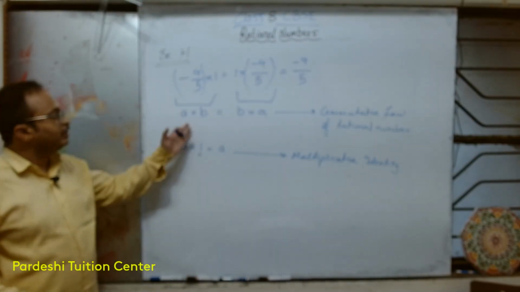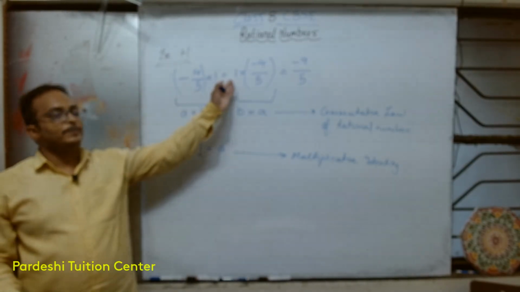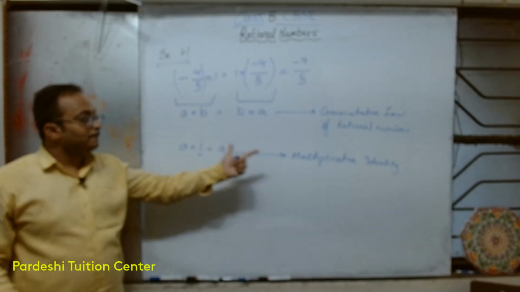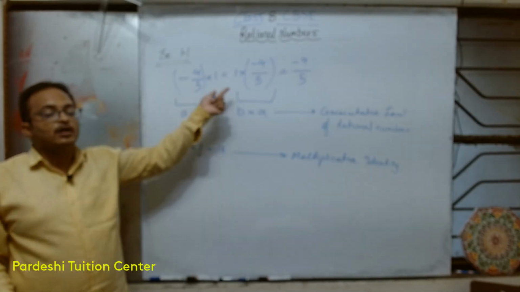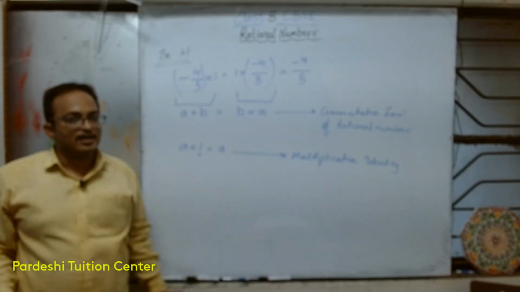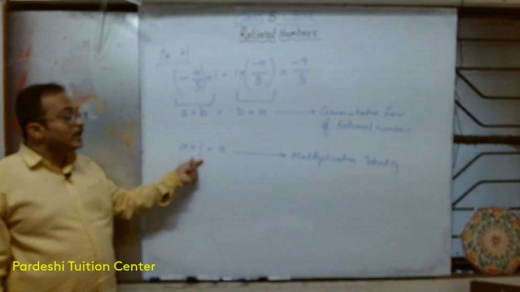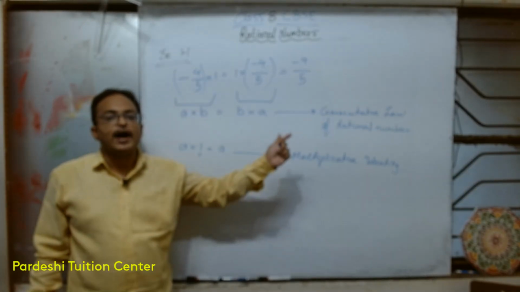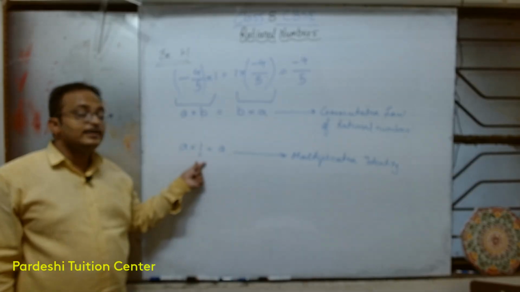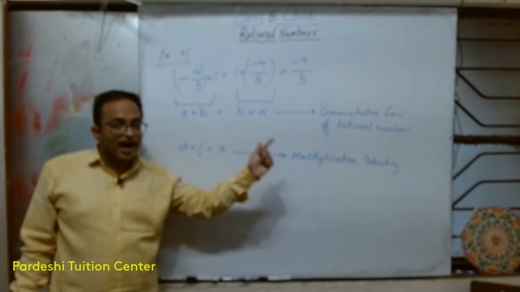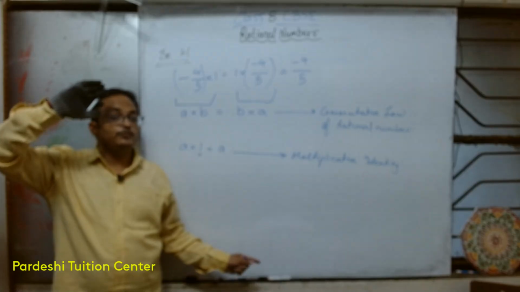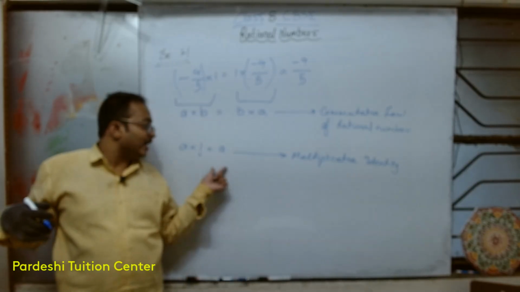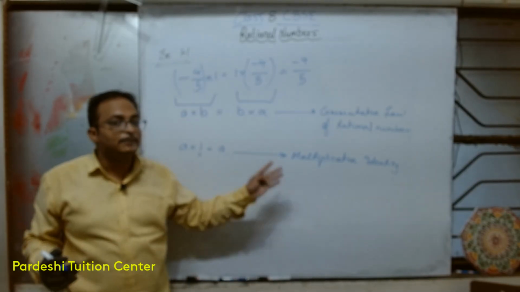First is commutative law, that is A into B is equal to B into A, and second is multiplicative identity, that is any number multiplied with 1 will give you the number itself. So 1 here is called the multiplicative identity. If we multiply any number by 1, we get the number itself. That is why 1 is called the multiplicative identity.